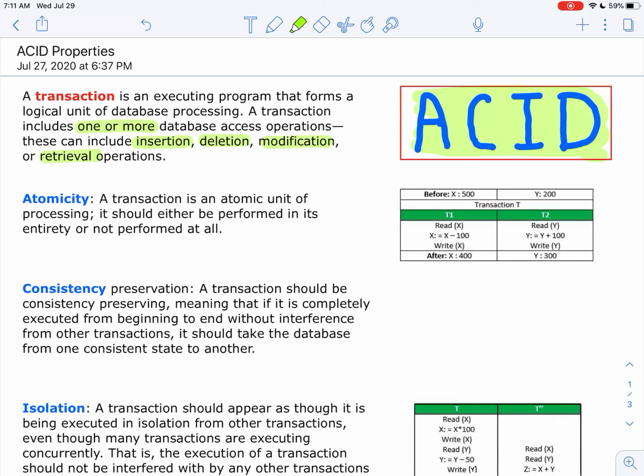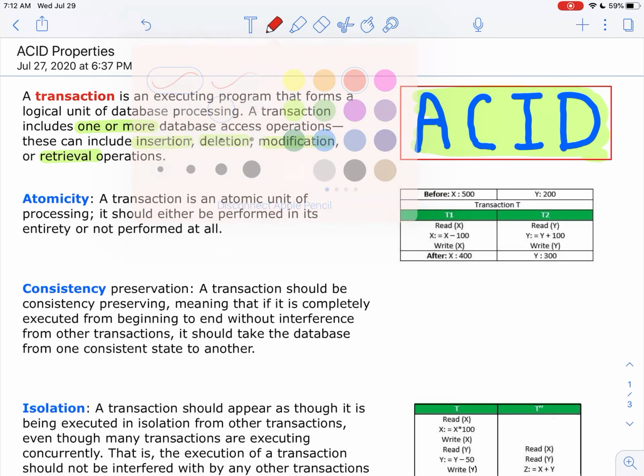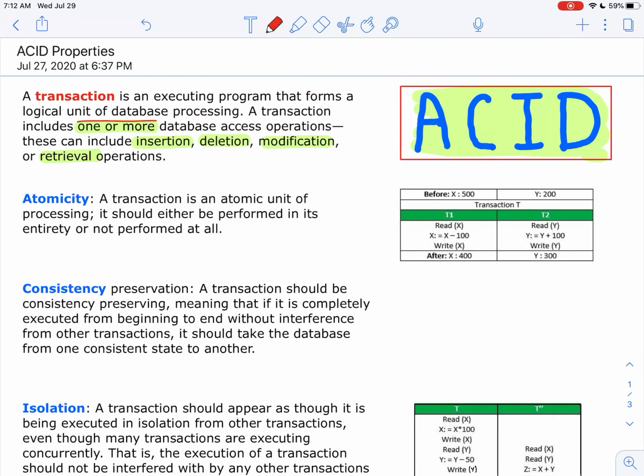So even though previously I said that a transaction includes one or more database operations, by atomicity, a transaction is considered to be an atomic unit of processing. In other words, a single unit. It should either be performed in its entirety or not performed at all.